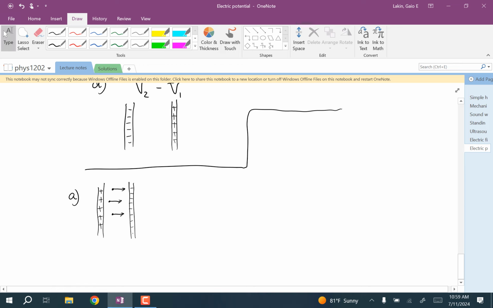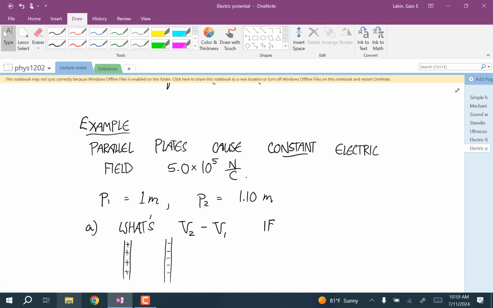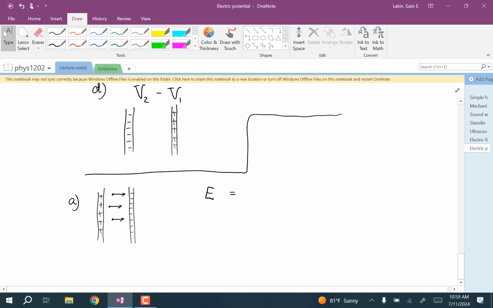And so the way that comes into this problem is that our electric field vector, we're only doing this as a 1D problem, so we don't have to worry about components. Everything's just happening along X. So 5 times 10 to the 5th, and it's moving in the positive X direction. So E is positive 5 times 10 to the 5 newtons per coulomb.